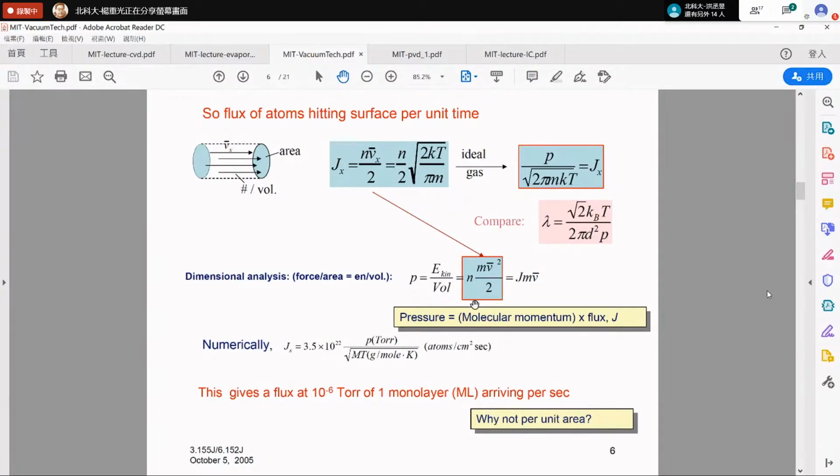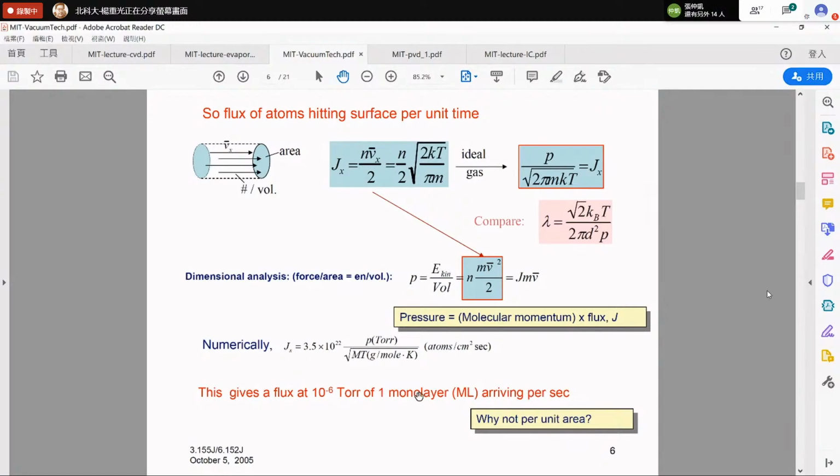So if you put in the numbers, you will see Jx is in the following expression. If the gas is at 10 to the minus 6 torr, the flux is 1 monolayer per second.